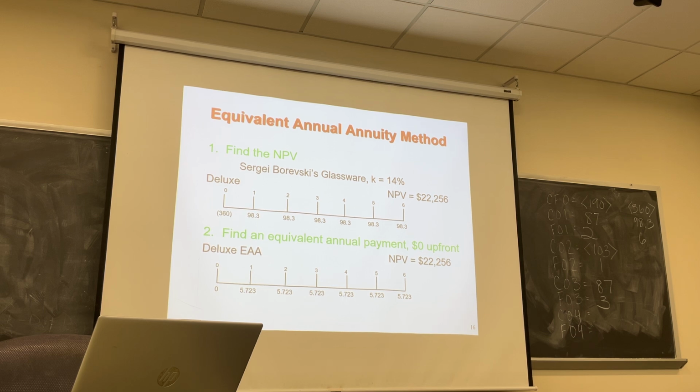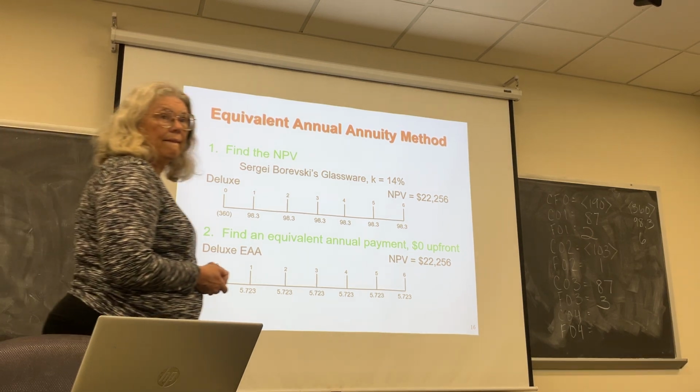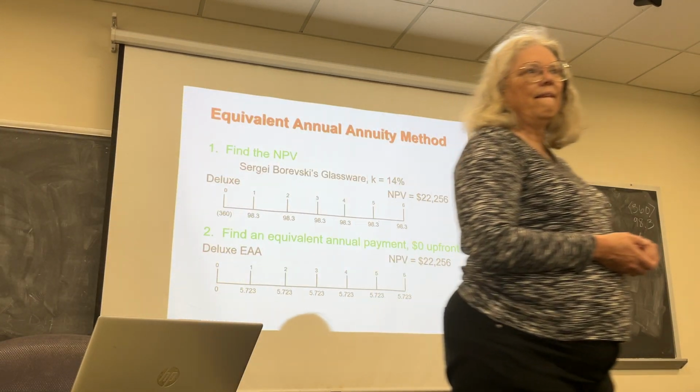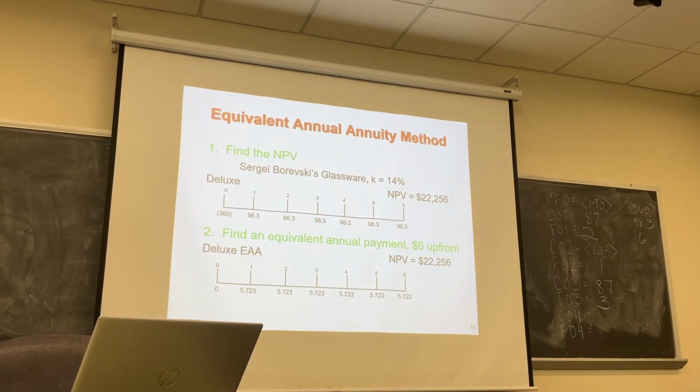So, like the NPV is higher for the Deluxe one. So, would the EAA just be? It wouldn't always be like that. It wouldn't always because of the time frame. That's why we have to convert it to the EAA.